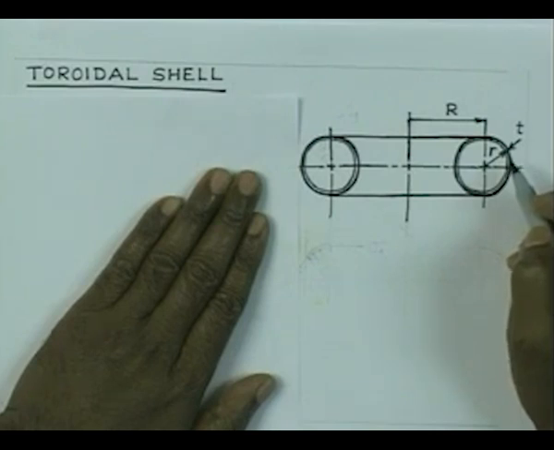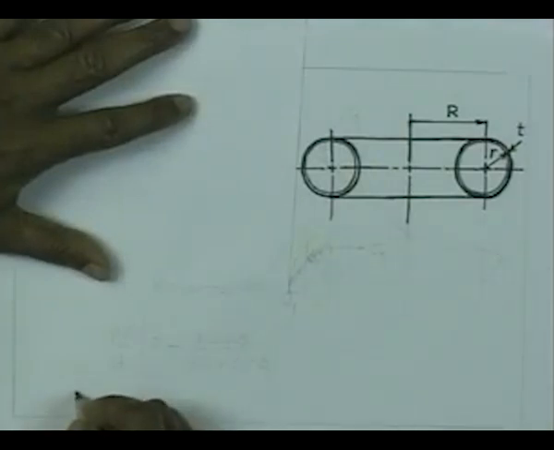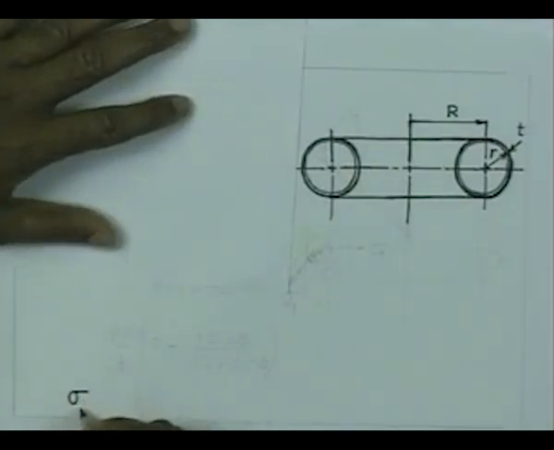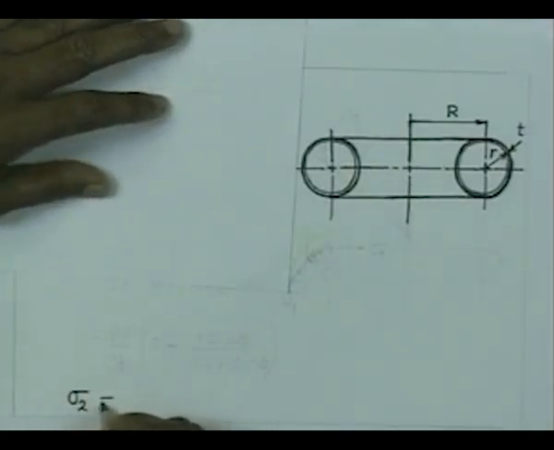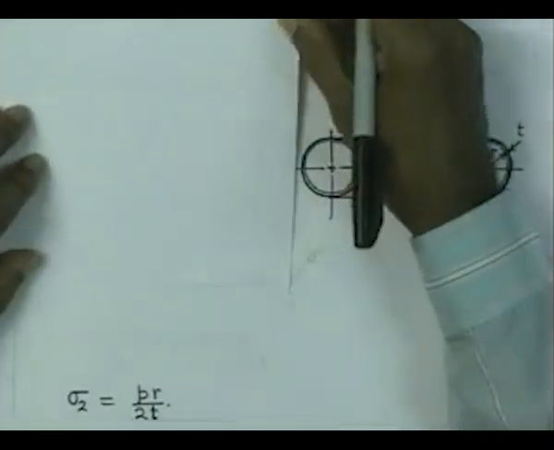Therefore, P pi r square is equal to 2 pi r T into sigma 2, and that gives you the stress in the circumferential direction very easily: sigma 2 is equal to P r by 2 T. That is the same as in the case of a cylindrical vessel.